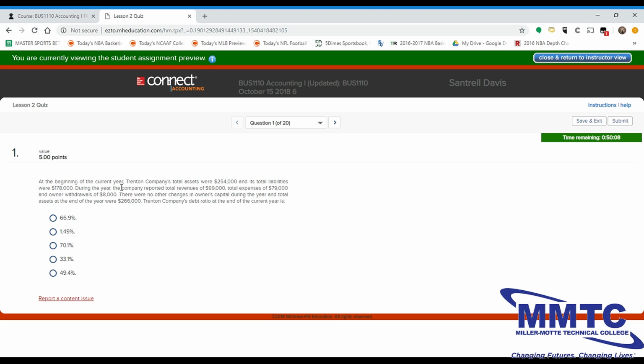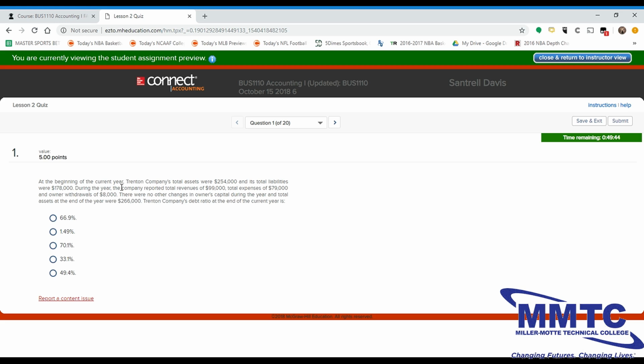So revenue, let's see here. At the beginning of the current year, the trading company's total assets were 254. Oh, it's 254, that's the beginning. Yeah, so that's going to mess our number up.